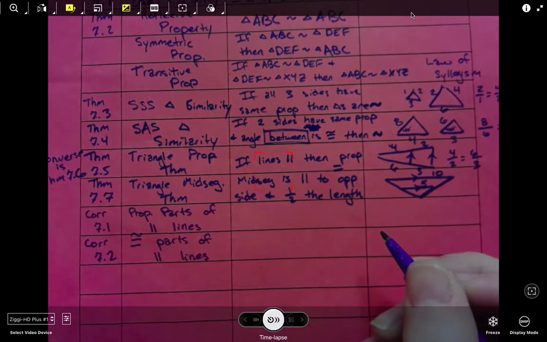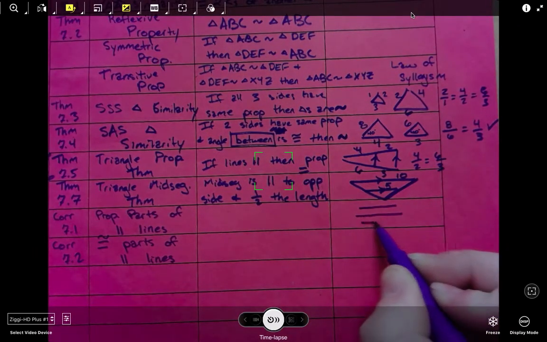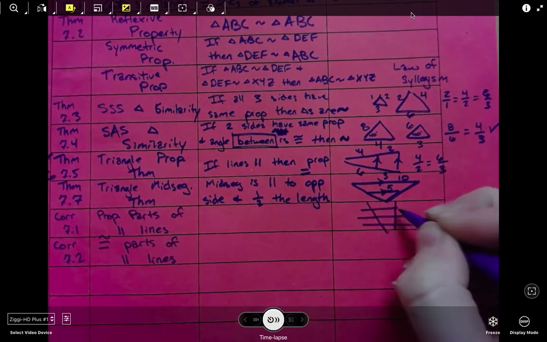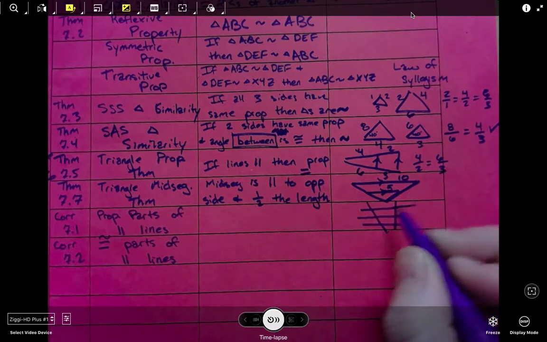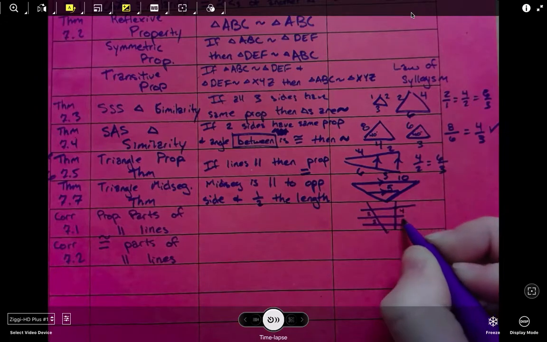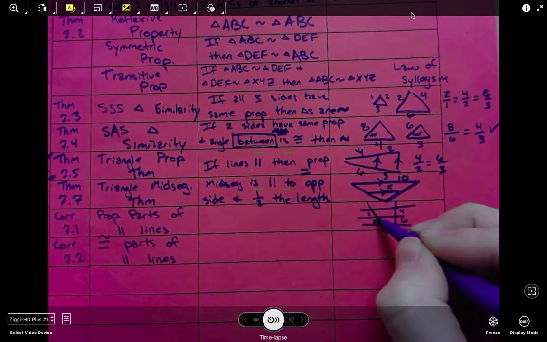Okay. The first one is saying that if I have three lines that are parallel to each other and I have two transversals, let's say they're going like this, I can set up a proportion. So like if this is 2 and this is 3, then this is 4 and this is 6. I can set up a proportion between each of these little tiny segments.